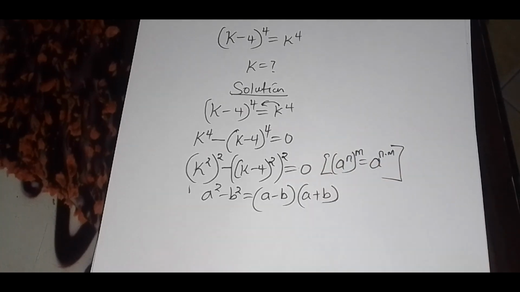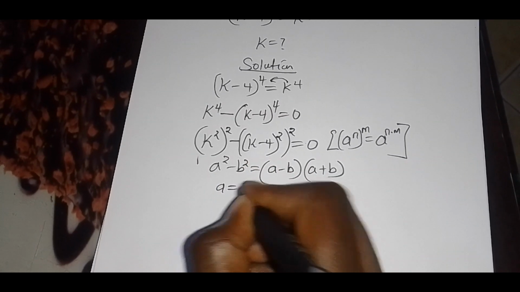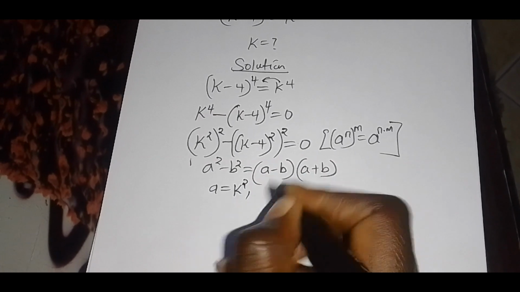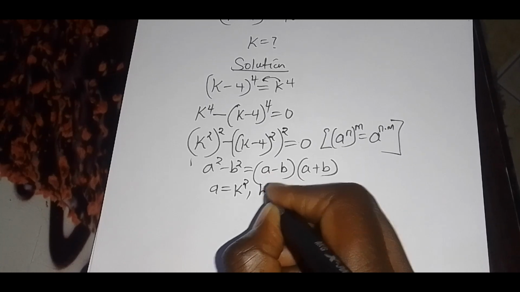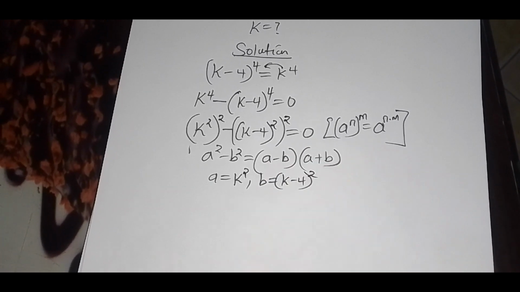So in this case our a is equal to k squared and our b is equal to (k minus 4) squared. That's our b.